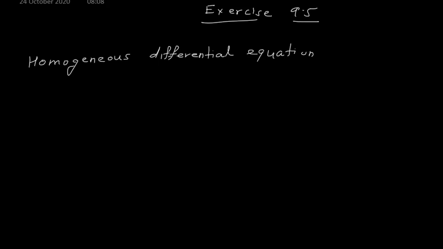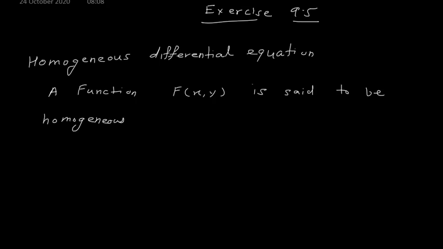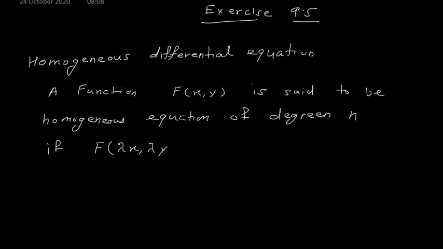A function f(x, y) is said to be a homogeneous equation of degree n if f of lambda x comma lambda y is equal to lambda power n f(x, y).